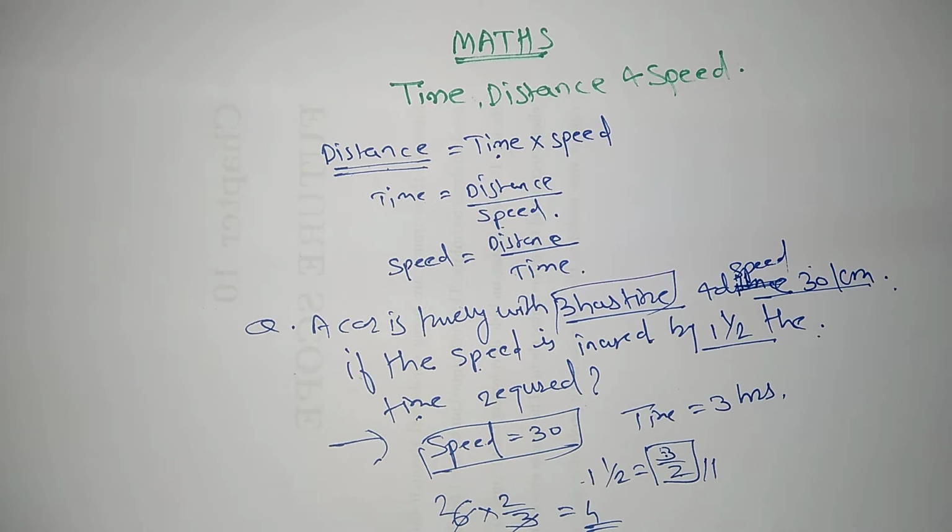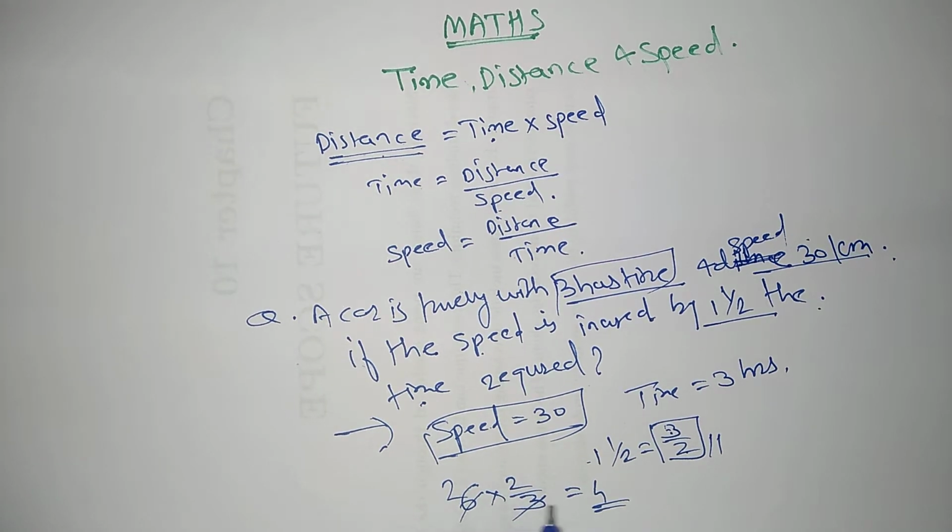If the speed increases, on the same distance, what is required? That is nothing but 6 into 2 by 3 equal to 4.